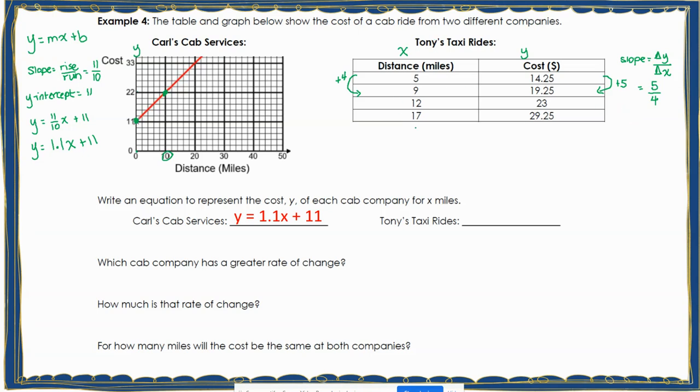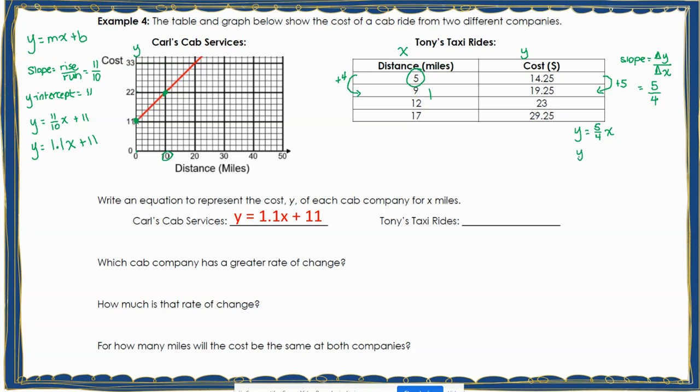And if you look, we don't have any values in our table where x is 0. That doesn't necessarily mean that our equation is just y equals 5/4 times x. In fact, you can try that out because your first x value is 5.